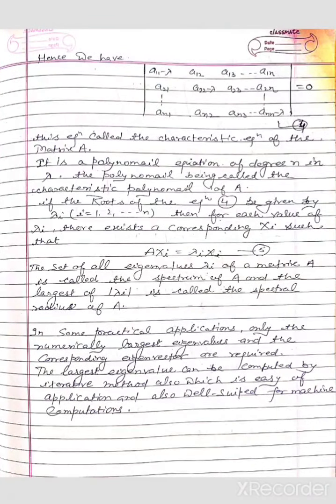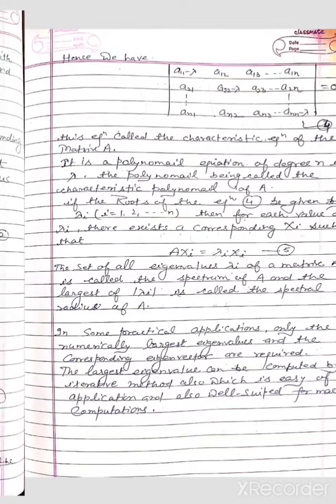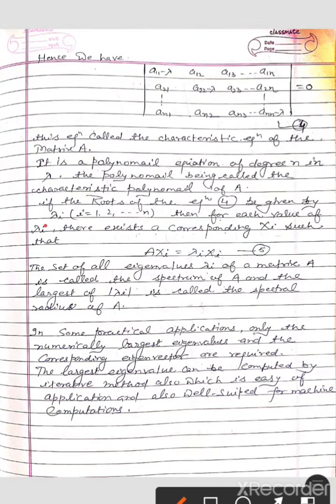If the roots of this polynomial equation are lambda 1, lambda 2, or in general lambda i with i equals 1 up to n, as this equation is a polynomial of degree n, we will obtain n values of lambda.